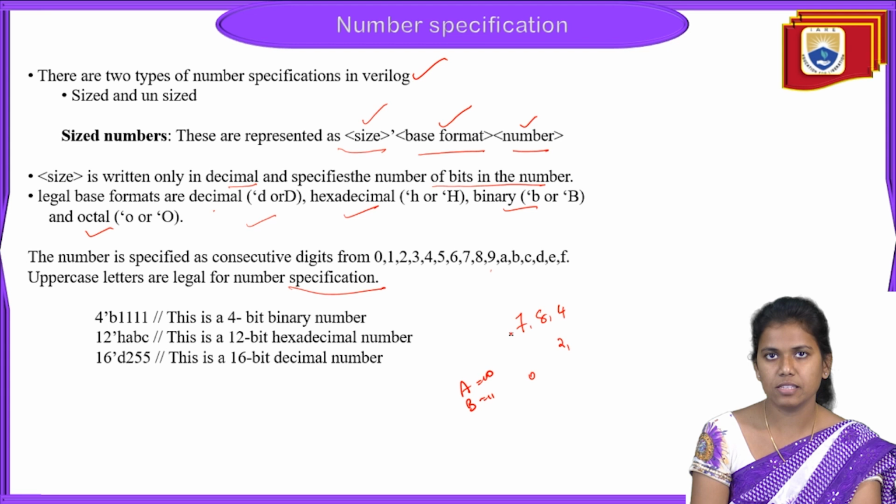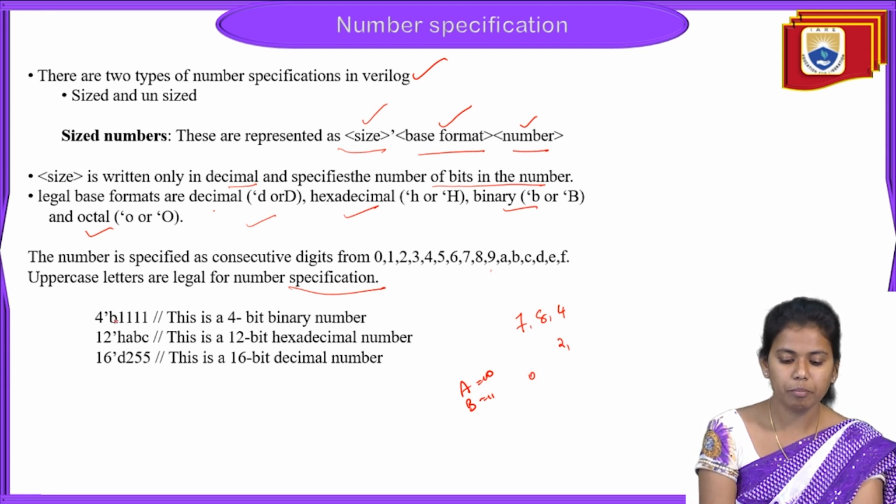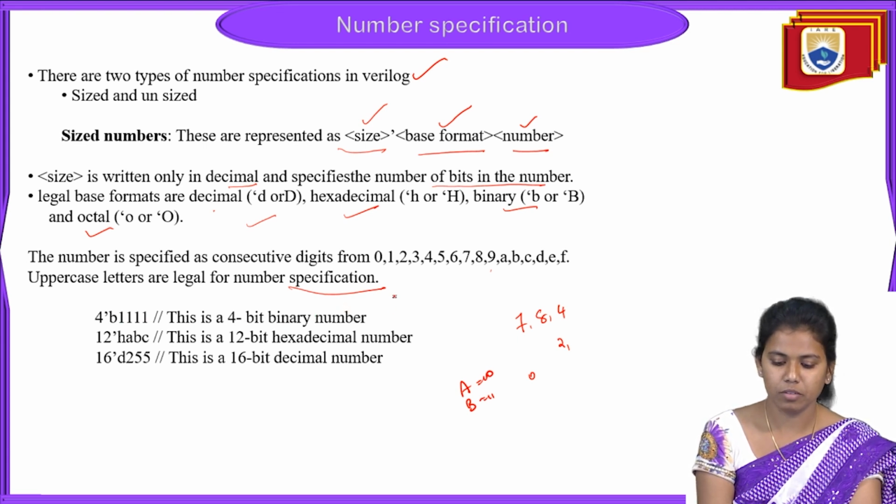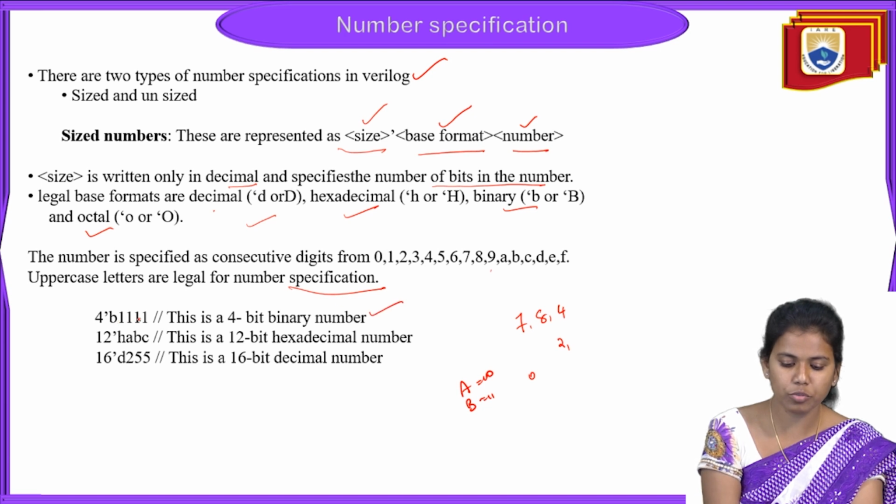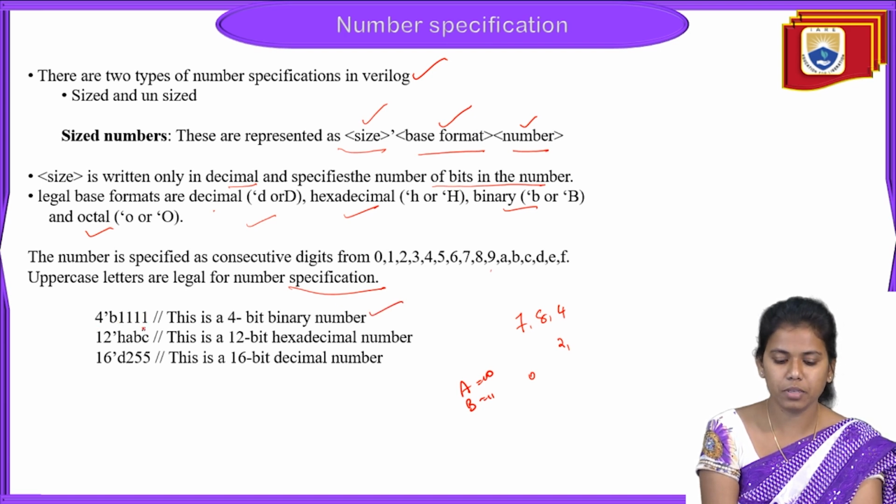And coming to the example, he has mentioned here clearly 4-bit binary 1111. This is a 4-bit binary number, 1, 2, 3, 4. And coming to 12'hABC, this is a 12-bit hexadecimal number. Why is it a hexadecimal number?